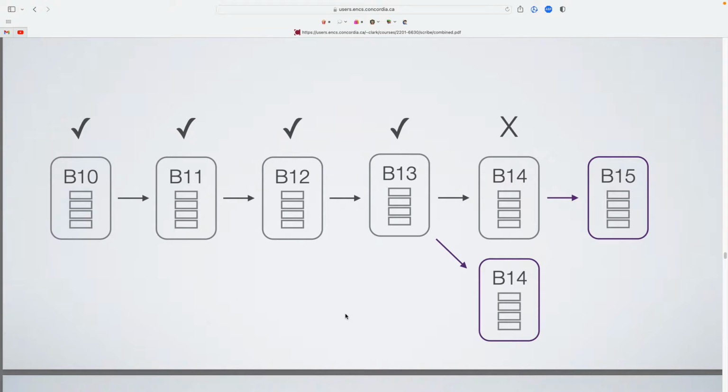Now the way they do it is all the miners are trying to create the next block. Why? First off, they get the fees associated with a transaction, okay? So they're all competing to be the one that solves the next block. Let's assume that everyone's heard of block 13 in this diagram, so the whole network knows about block 13.